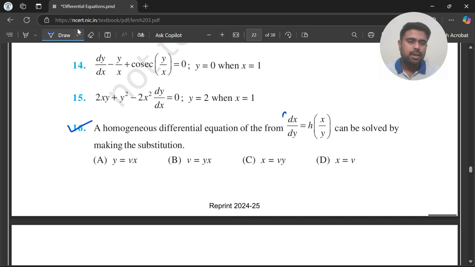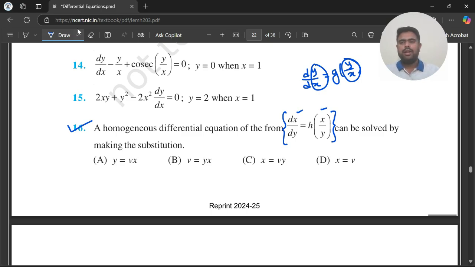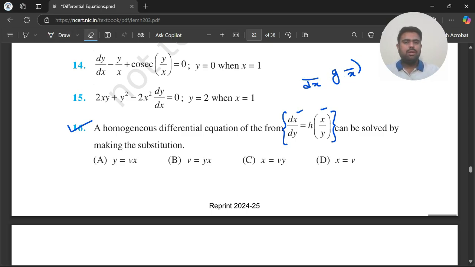You can see dx by dy equal to h of x by y. It is as good as writing dy by dx equal to some g of y by x. Here dy by dx is there, here y by x, here dx by dy, here x by y is there, right?